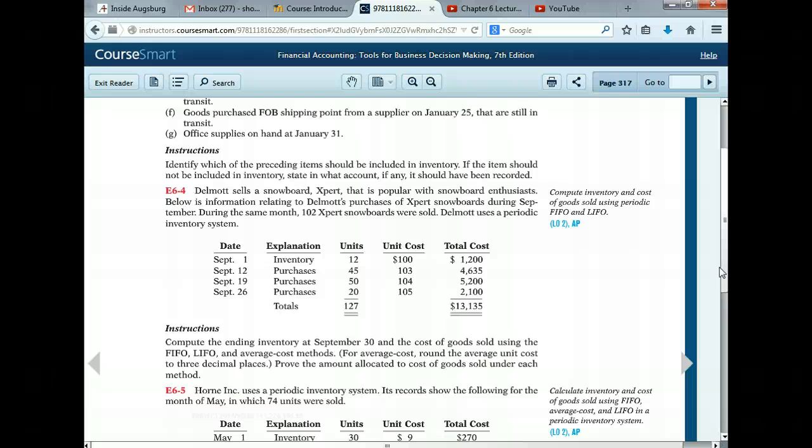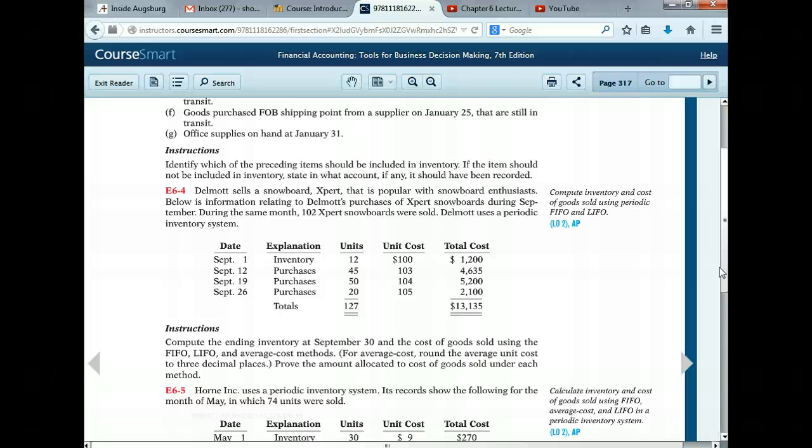So we need to look at the various purchases. We started inventory with 12 units at $100. We made 3 purchases on September 12th, 19th, and 26th at various prices. And in total, we have 127 units at a cost of $13,135.